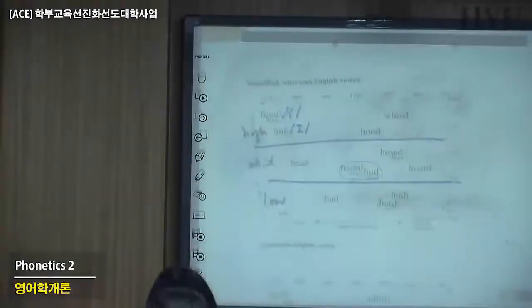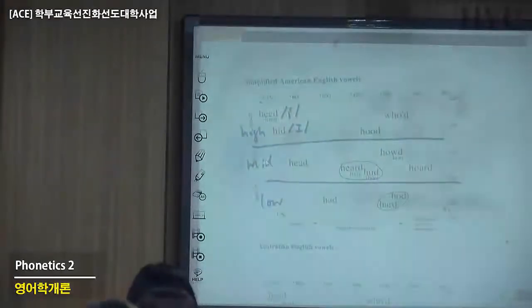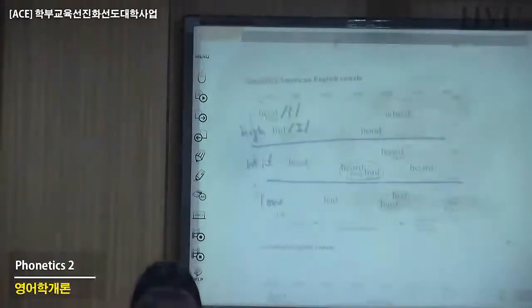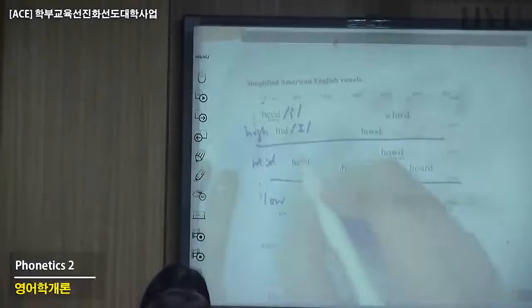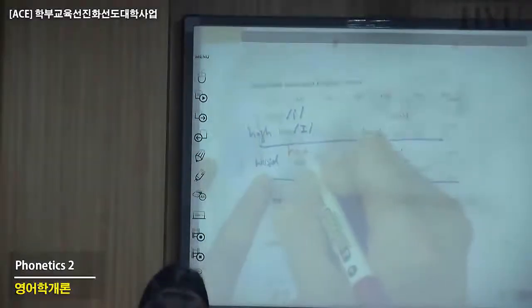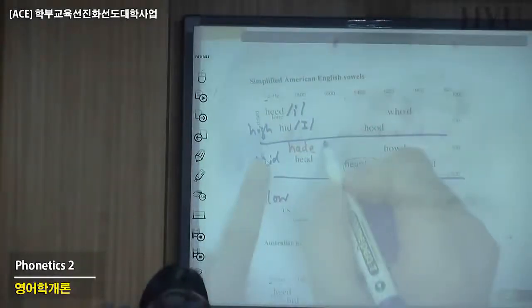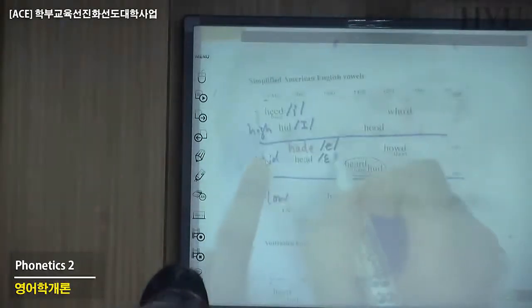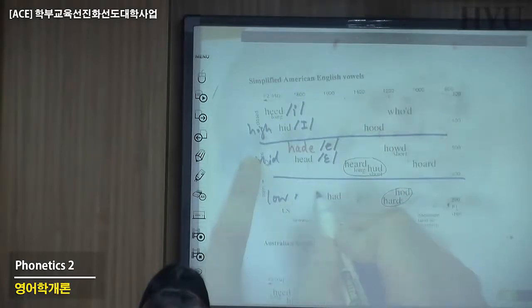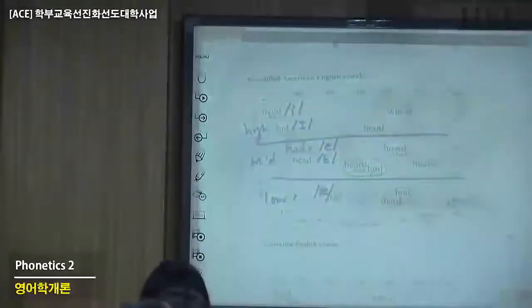I think one is missing, but it's okay. You can add one more. The word head. Let's say, I don't know what it means, but head is this vowel, like that.